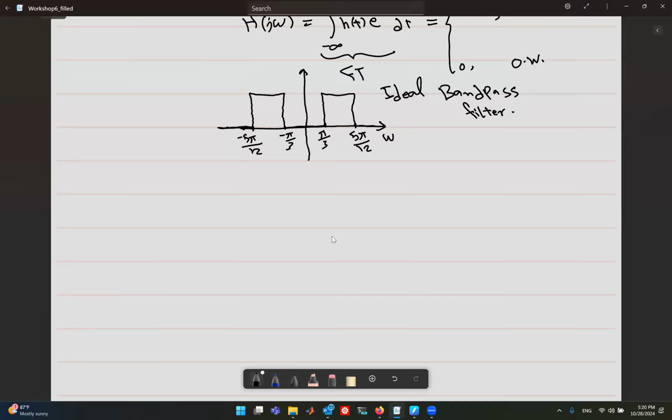Otherwise, the practical bandpass filters will have a response maybe something like this, not like this. Let's say like this. So even the signals outside this band will pass through, but they will be degraded severely outside this band.